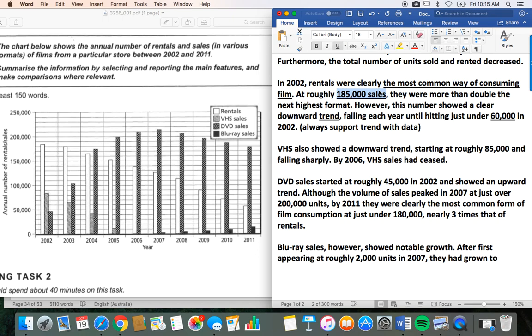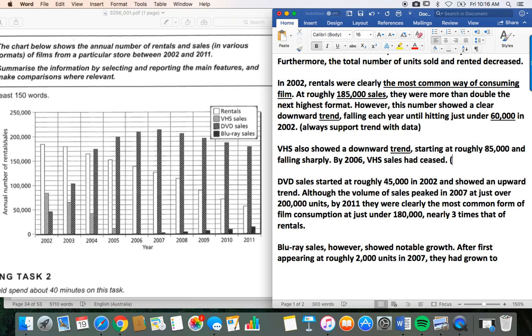That's the trend. And then here I've highlighted it even further by saying it's more than double the next highest format. Then VHS also showed a downward trend, and then I support it with the data starting at roughly 85,000 and falling sharply. Now, I don't say falling sharply too, I just point out by 2006, VHS had ceased.